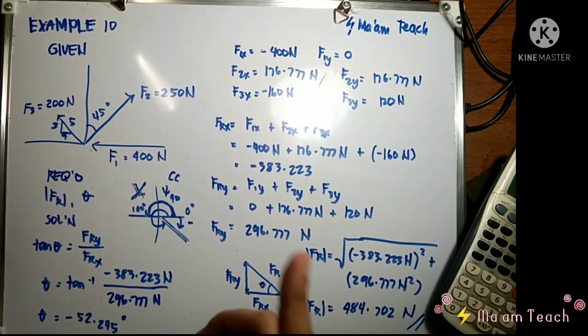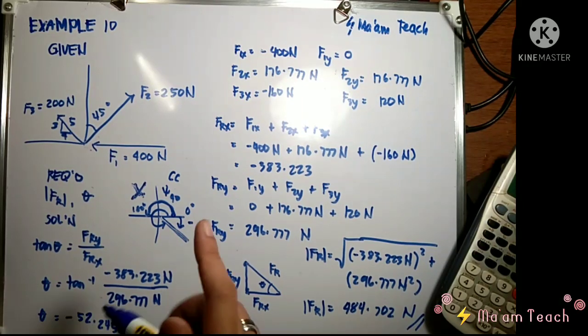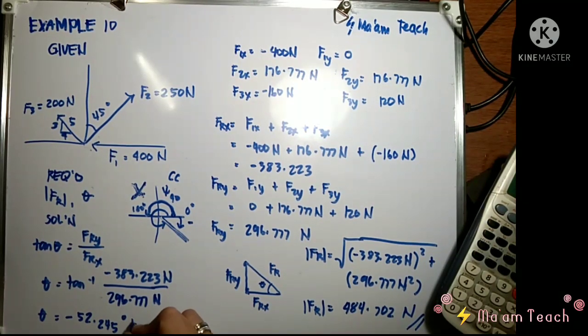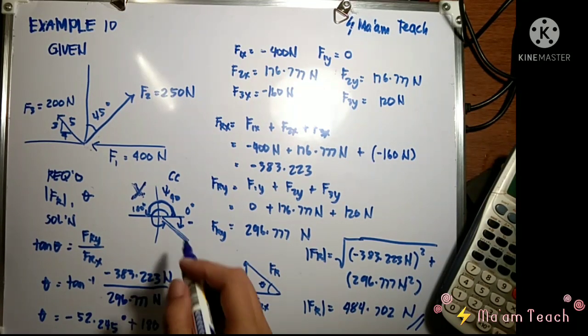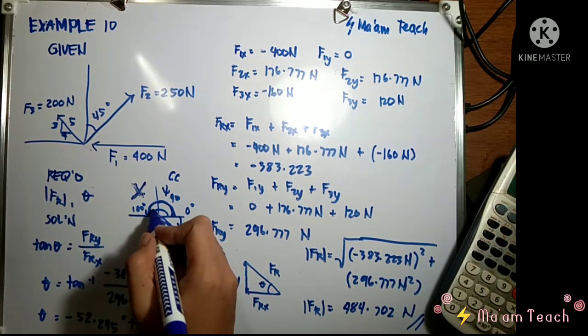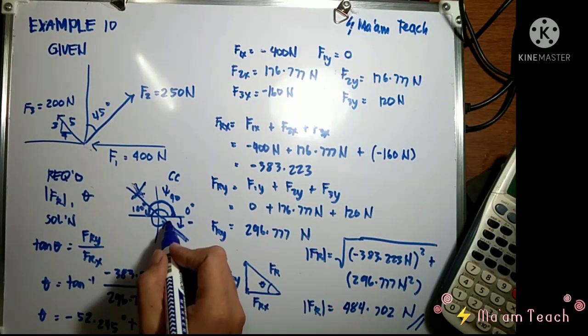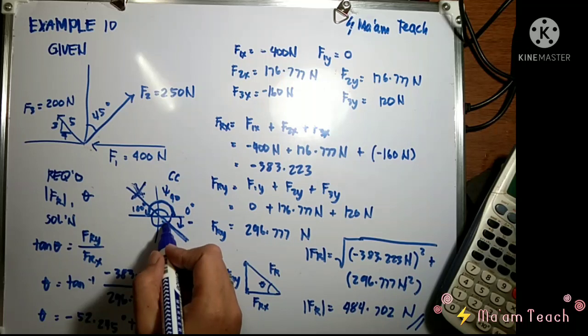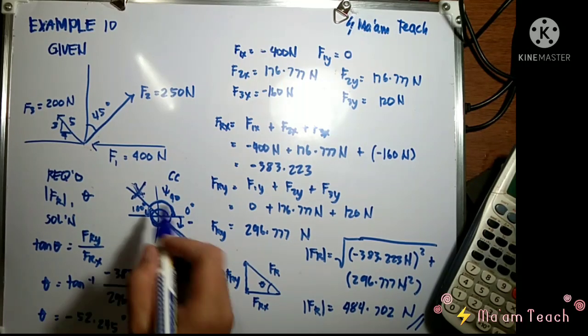So to correct that angle, class, all you have to do is add 180 degrees. Because if you add 180 here, it will move there.